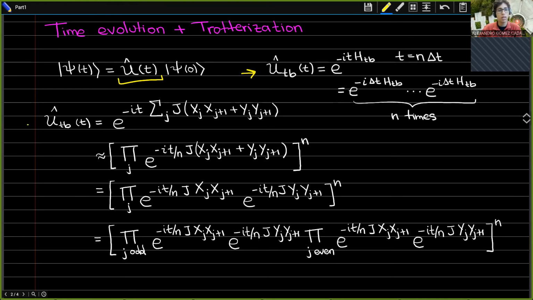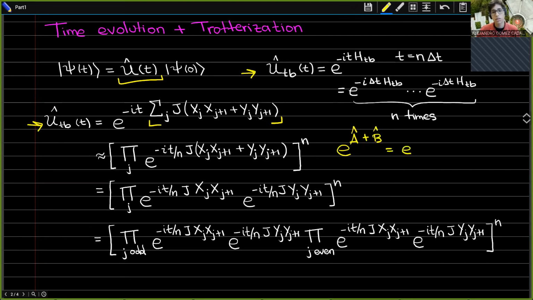So we can insert the tight-binding Hamiltonian in our time evolution operator, and it's going to take this form. This is just the Hamiltonian, and if the time step is small enough, we can do the following trick. Our operator has this form, which is the exponential of some sum.